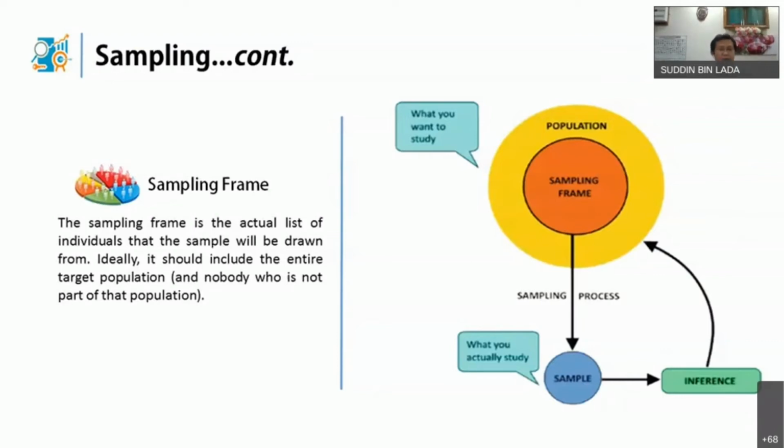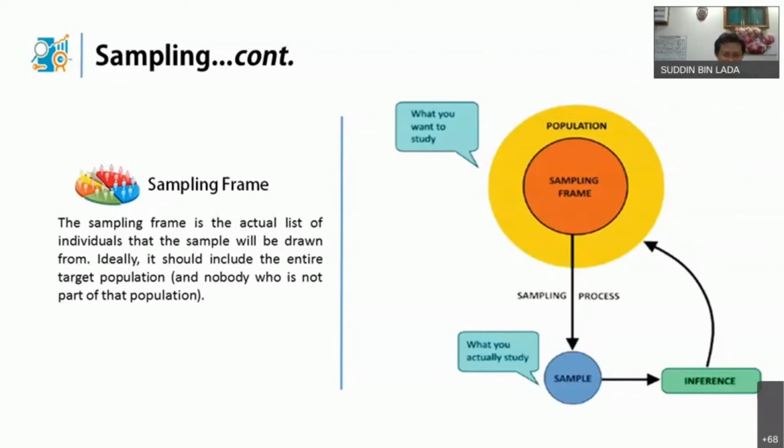But in order for you to actually identify the frame, go back to the scope of your study, right? Very easy, but you need to determine and justify why students, or why female students, or why male students, or why we need to study different ages, youngers, olders, generation Y, or generation X. We need to justify.